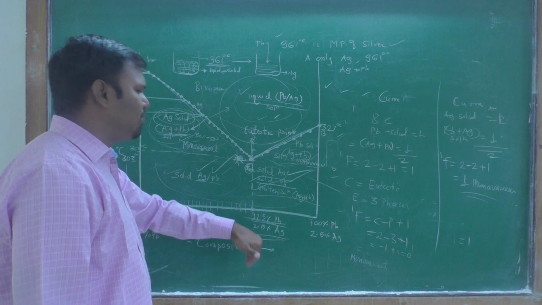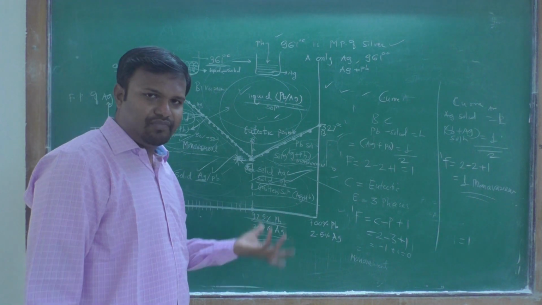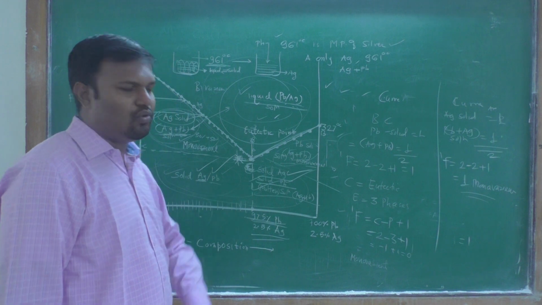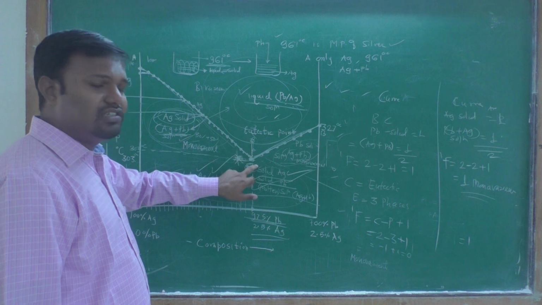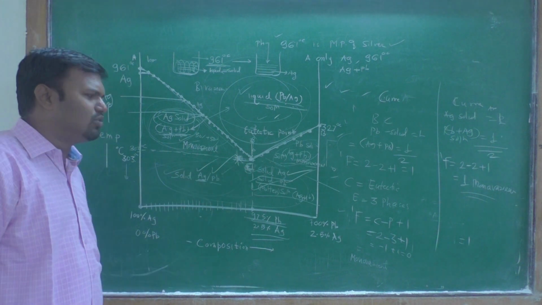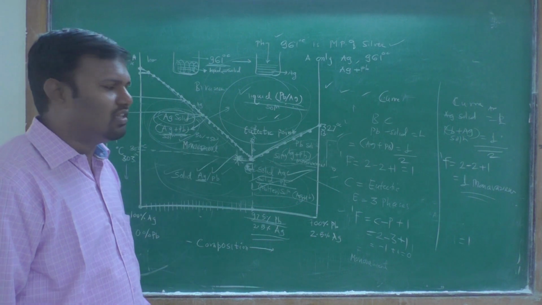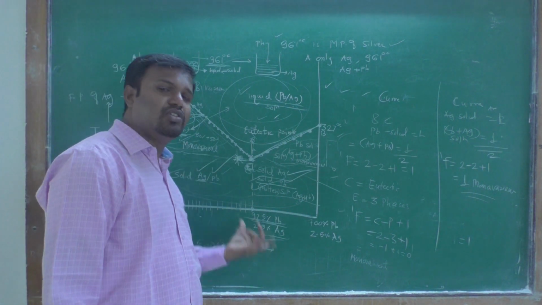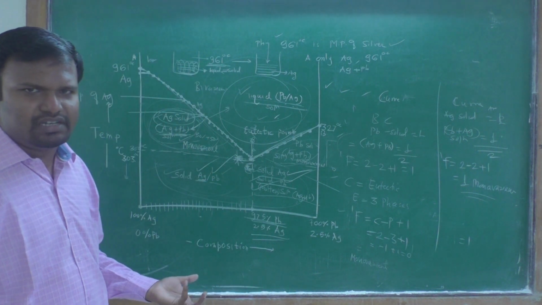When you decrease the temperature, only solid Ag and Pb are present. Only at the point C do you find solid Ag, solid Pb, and molten Ag plus Pb solution present together. Therefore, at C the system is a zero variant system.